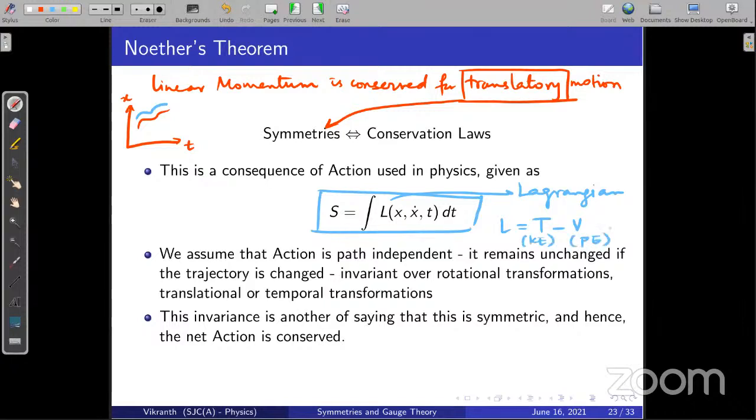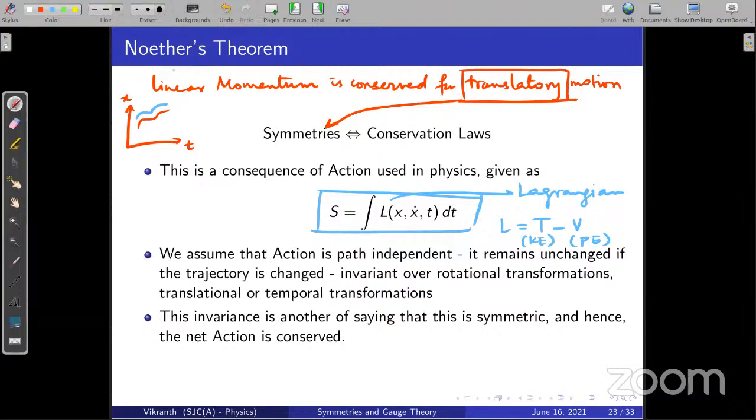For fields, the definition remains more or less the same, but we'll get to that later, right? So when I say that this red curve and the blue curve are the same, what we're talking about is the action of these. It's a much deeper concept, which we will probably cover in tomorrow's lecture.